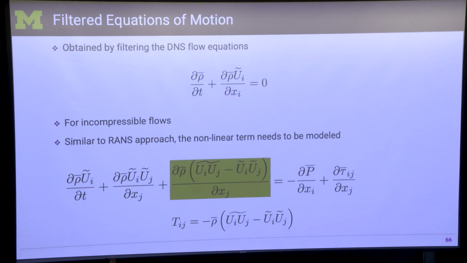So I've added ui tilde, uj tilde, which I know already, and subtracted the same term. On the whole, it's the same. But now I've introduced this new term, Tij, to be this quantity right here, and I say I want to model that quantity.